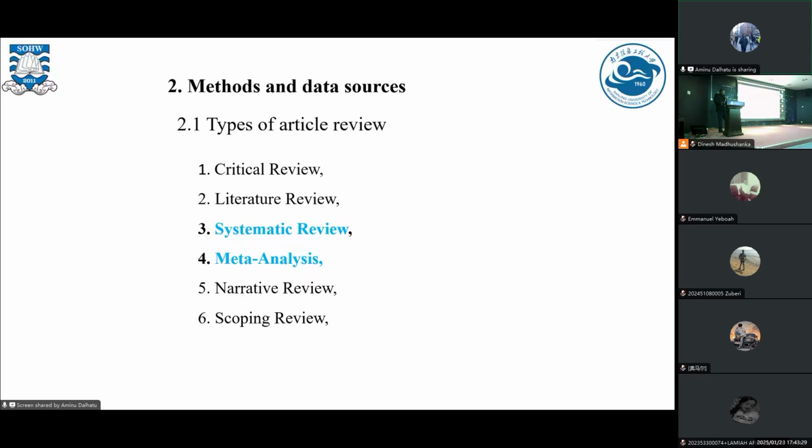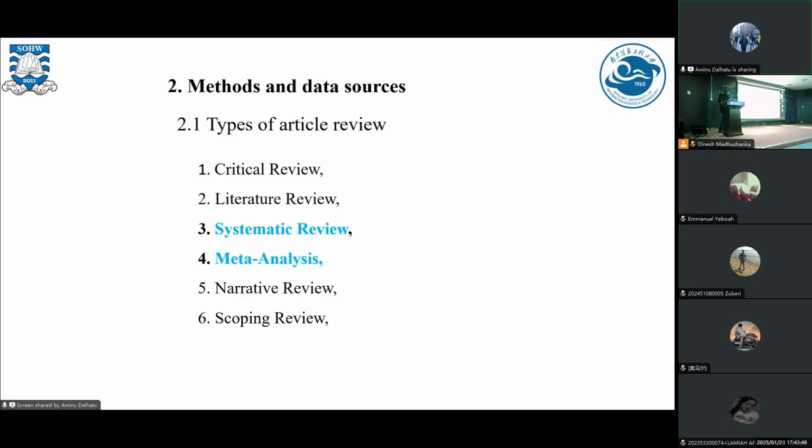Then the fifth one is the narrative review. In a narrative review, you can compare and contrast some papers' results with your finding or another person's finding, and you can write a review paper. The other one is the scoping review.